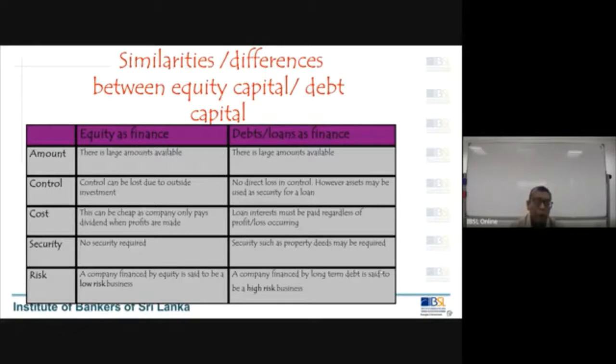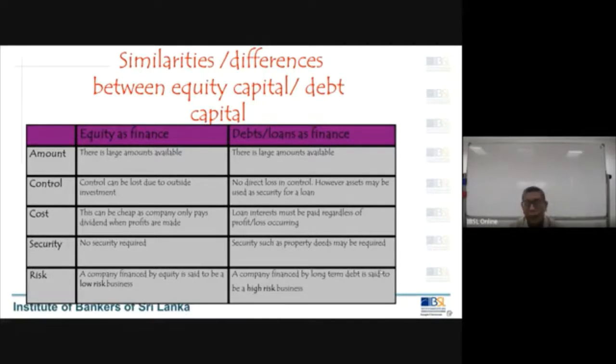If you really compare these two, you note that large amounts are available in both cases, both equity and debt. But the control can be lost due to outside investment. The moment you invest, you are diluting, so your control has come down.